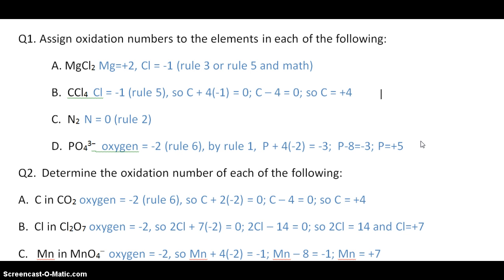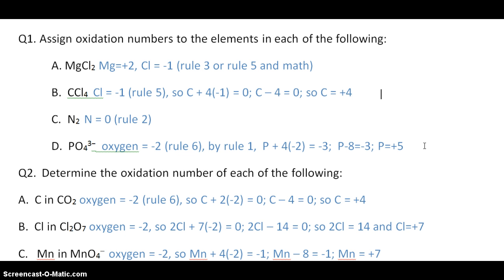Okay, the next question wanted you to find the oxidation number of some different atoms in compounds. The first was the carbon in carbon dioxide. Well, there is no rule for carbon, so we have to look at what it's paired with. It's paired with oxygen, and we know that has an oxidation number of -2 by rule 6, unless it's paired with fluorine.